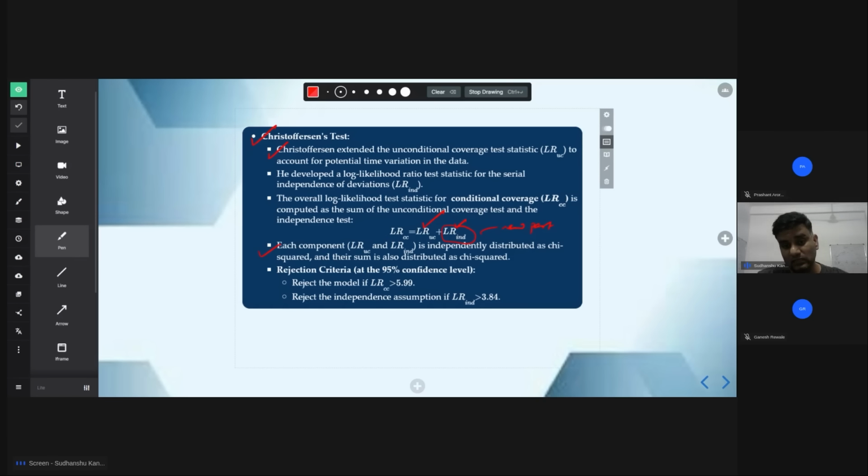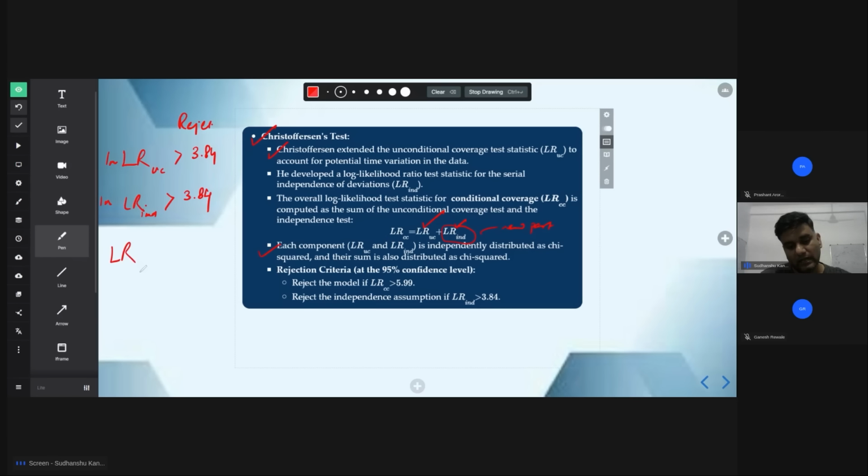In unconditional coverage, if LRUC is greater than 3.84, you reject: too many or too few exceptions. For LRIND, if greater than 3.84, you reject.